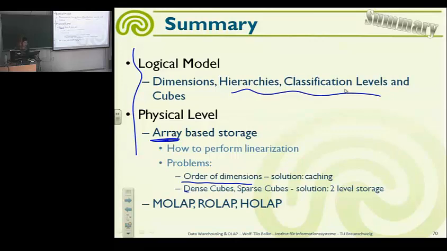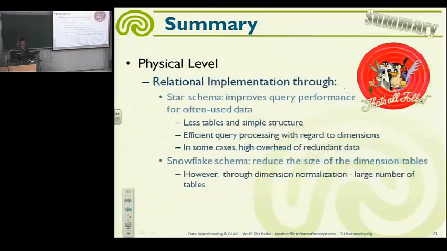And then we also had problems with the storage efficiency of the cubes, whether it's sparse or dense. And usually you have to build 2-level structures. You have to have either an index on the top and then do everything on the index level before you go into the data, or you can also divide the data, have this sparse level on the top layer and the dense one on the lower layer. And we took a quick look then into the hybrid OLAP and the desktop OLAP as well.